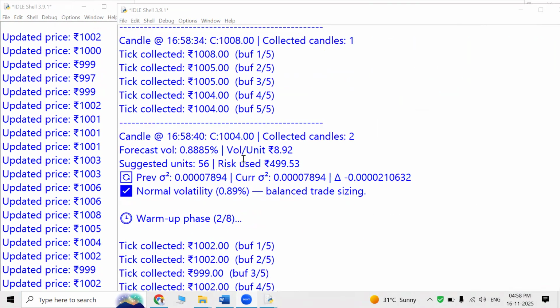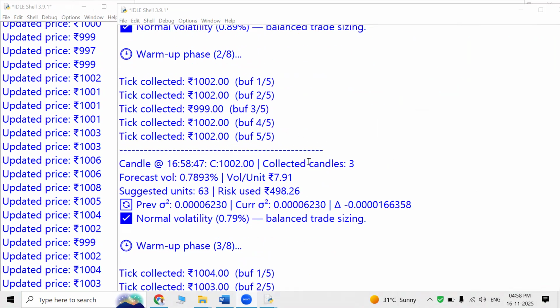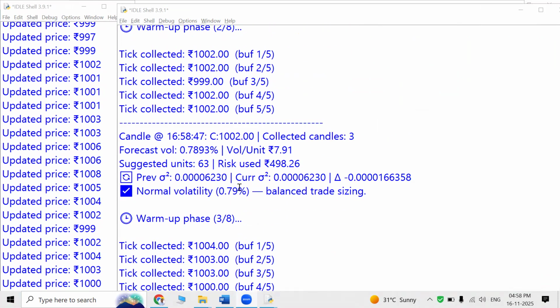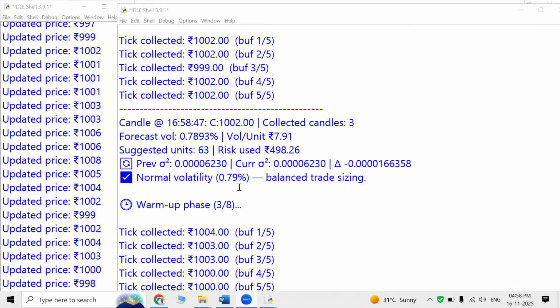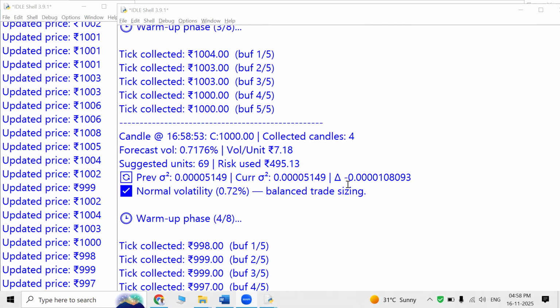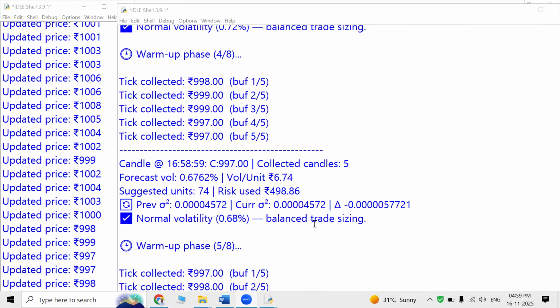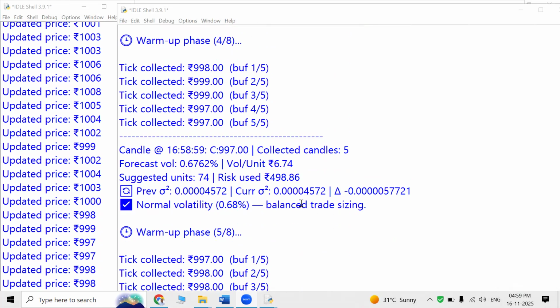And you can see after the collection, it is on candle number 3. It's called the warm-up phase. So it's continuously calculating sigma square, then the change in sigma, previous sigma square and current sigma square. Okay, it's showing a balanced trade.